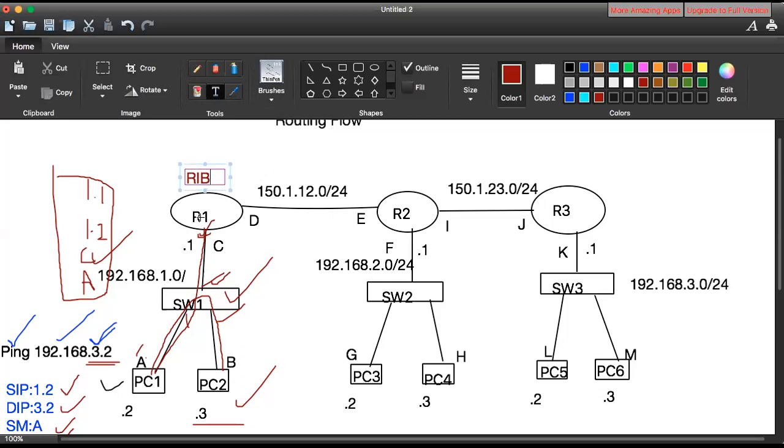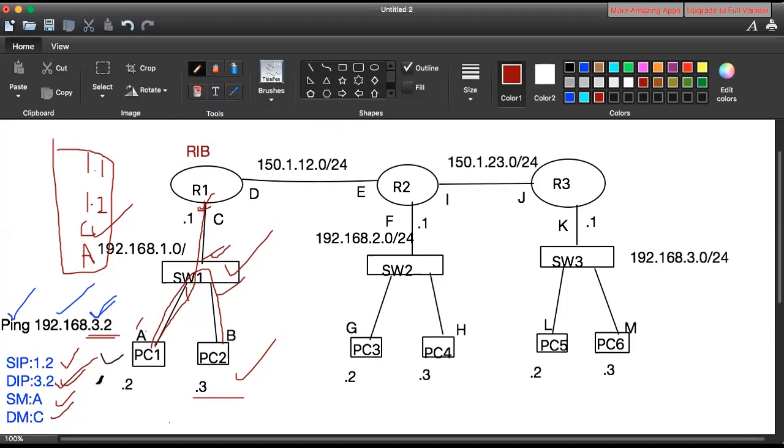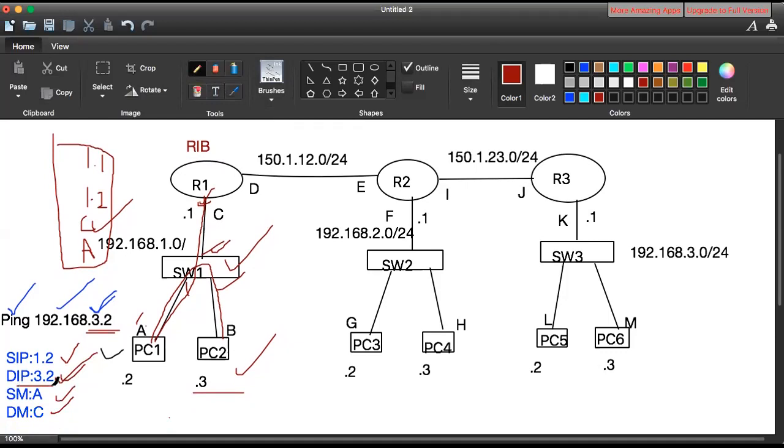But if it doesn't find it, maybe you haven't done the routing yet, or you missed it out, or there is some wrong configuration, whatever, what would happen here is R1 is going to drop the packet, because R1 doesn't know how to reach this guy 3.2. Okay, so R1 has dropped it.